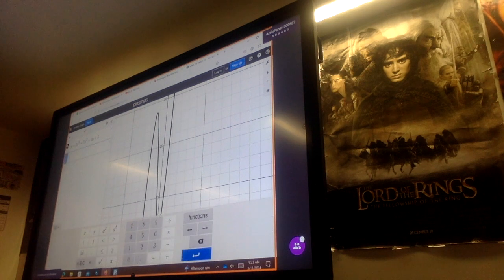If I graph the derivative with it, I'm going to get y equals 6x squared plus 14x minus 4.